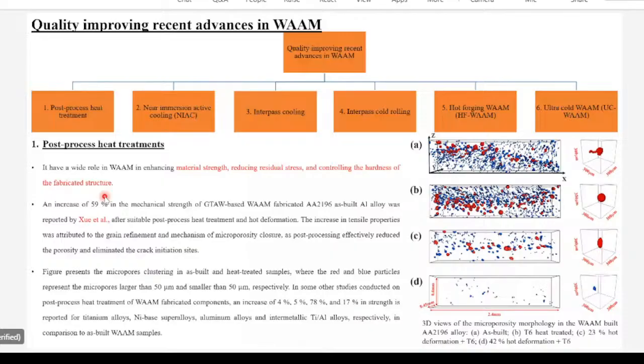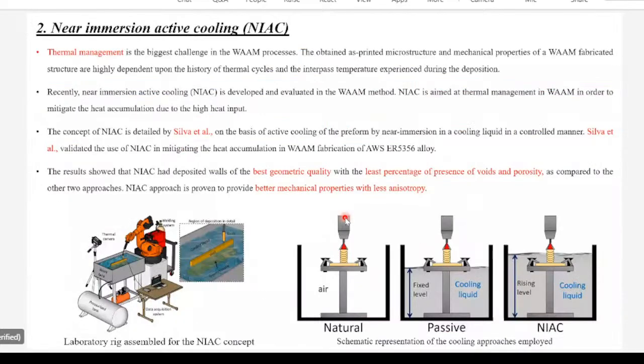That is very remarkable. So this has to be a very good process. If we are getting low mechanical strength and hardness, we can go for post processing. Generally it is good for aluminum alloys, magnesium alloys and so on. The second thing is near immersion active cooling. Basically, we have to manage the thermal management.